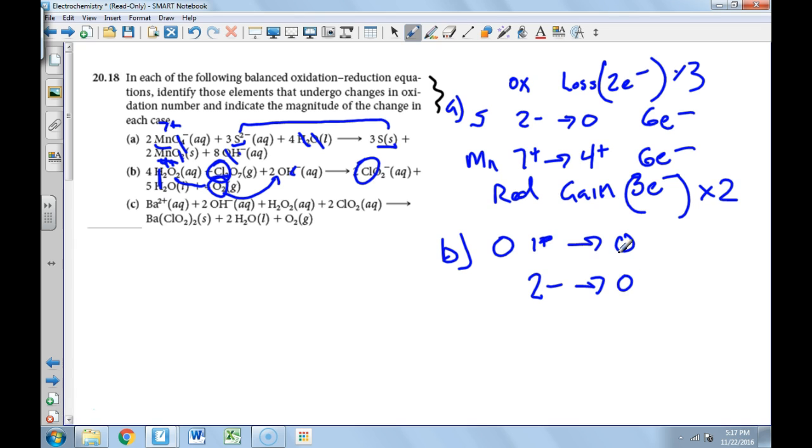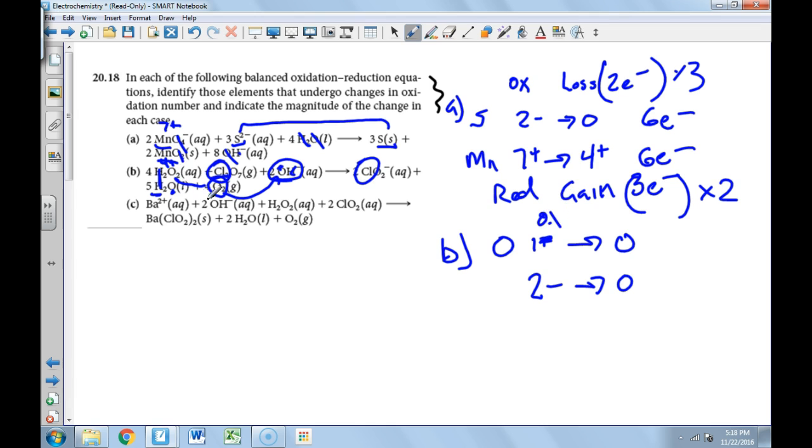But I think we're not going to worry about this one because it's a base catalyzed reaction. So this oxygen is the one going from 1- to 0, so that's some oxygen being oxidized.